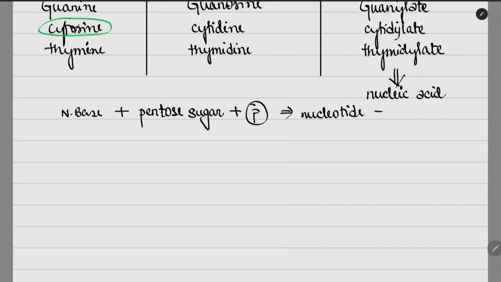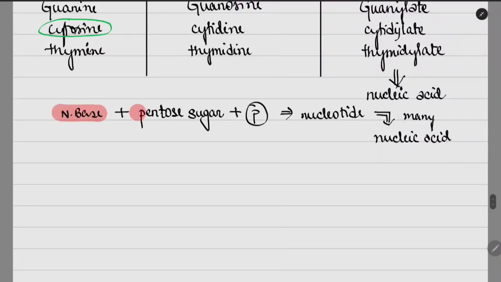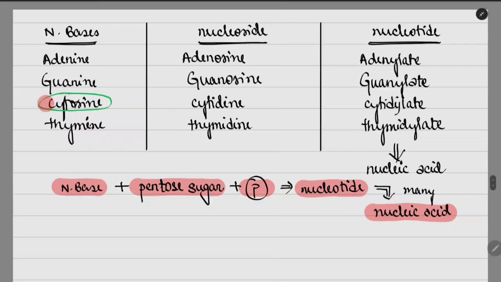Many different nucleotides, when added, form the nucleic acid. Now check this point and remember it always: cytidine and cytosine. There should be no confusion here.